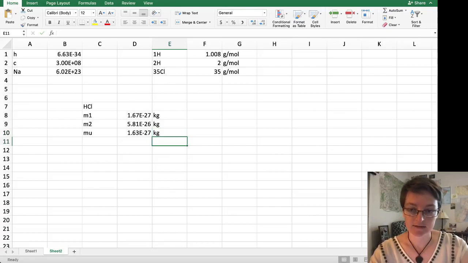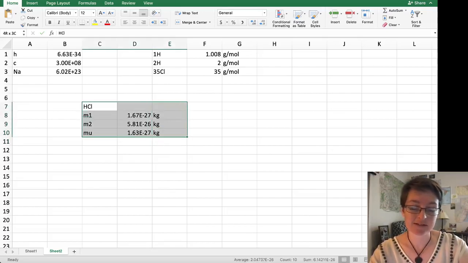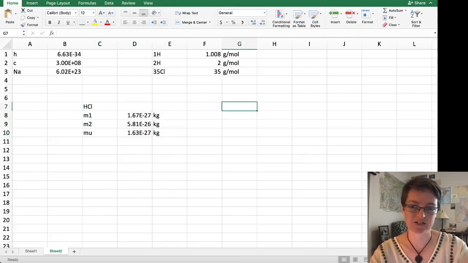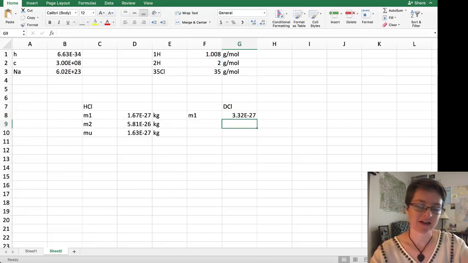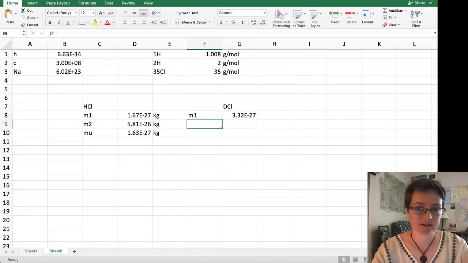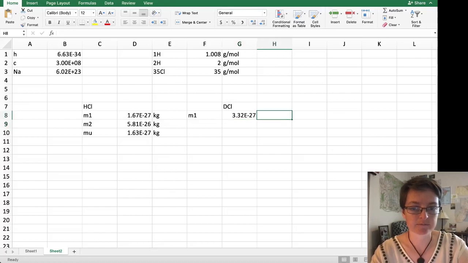For DCl, it's going to be the same process, just that M1 is going to change in order to be our deuterium mass. And so for our deuterium mass, divide by Avogadro's number, divide by 1,000, we see that M1 for deuterium, as we might expect, is a little bit bigger.